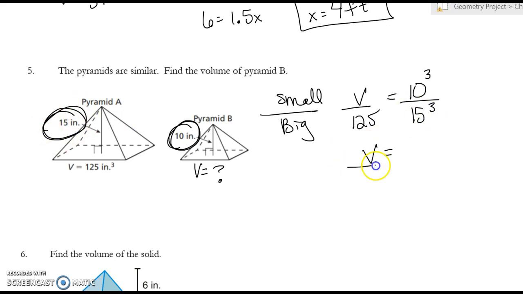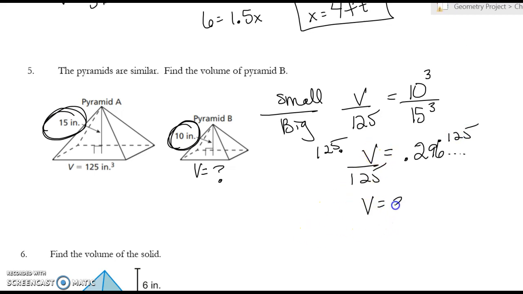And so I do 10 cubed over 15 cubed. And so that is 0.2962 dot dot dot. So if I just multiply by 125, I get 37.03.